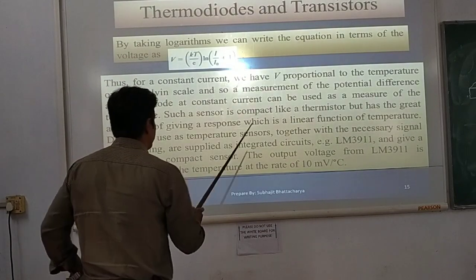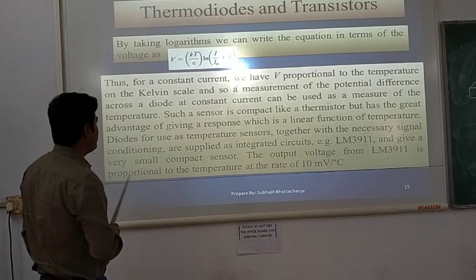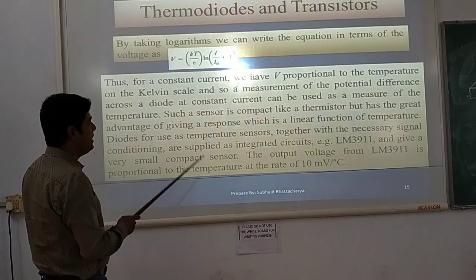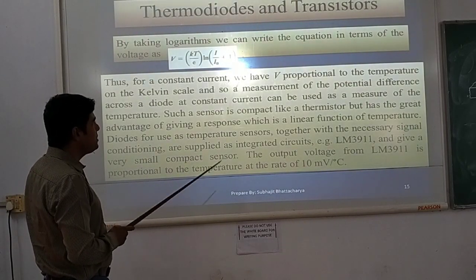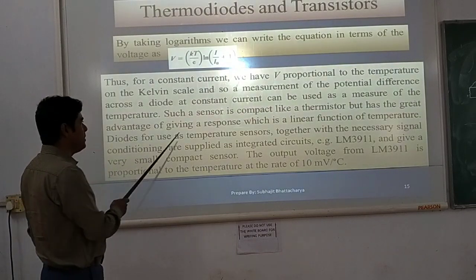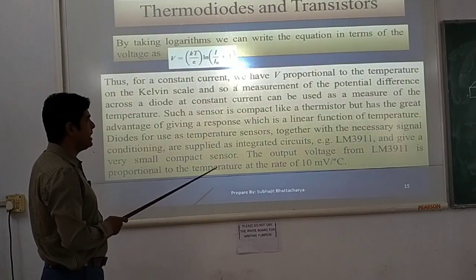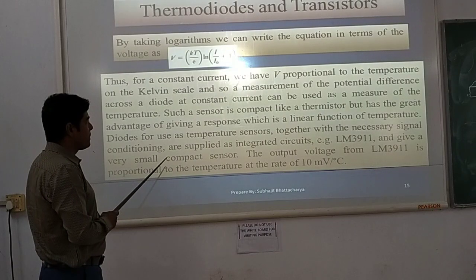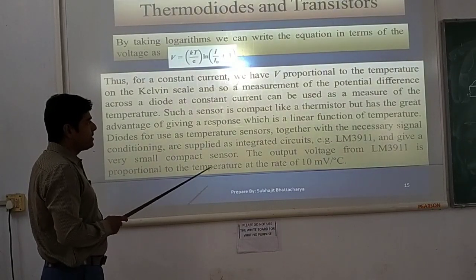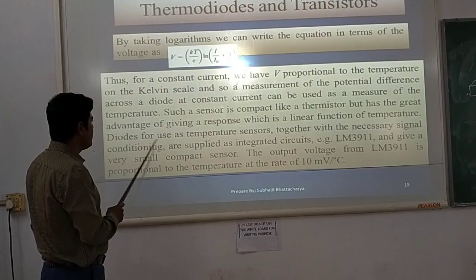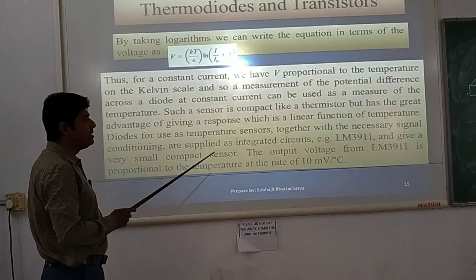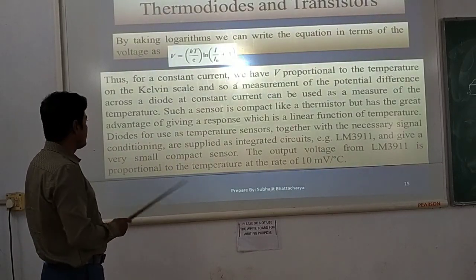Thus, for a constant current, we have V proportional to temperature on the Kelvin scale, and so a measurement of the potential difference across the diode at constant current can be used as a measure of the temperature. Such a sensor is compact like a thermistor, but has a great advantage of giving a response which is a linear function of temperature.